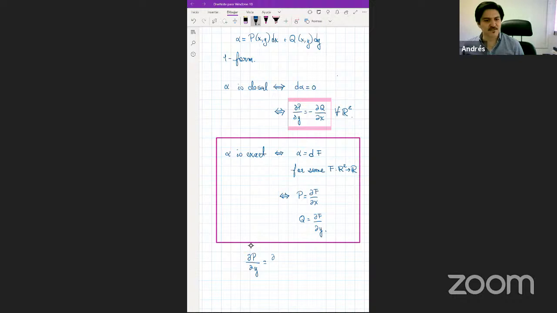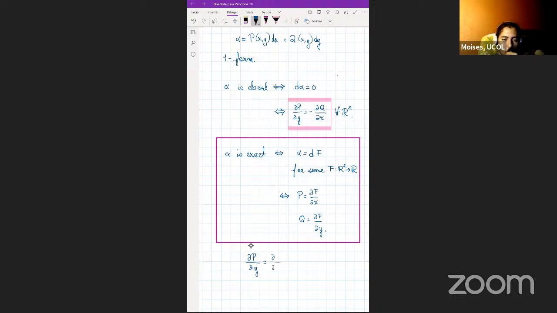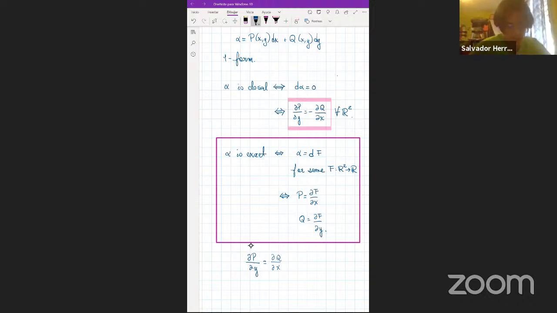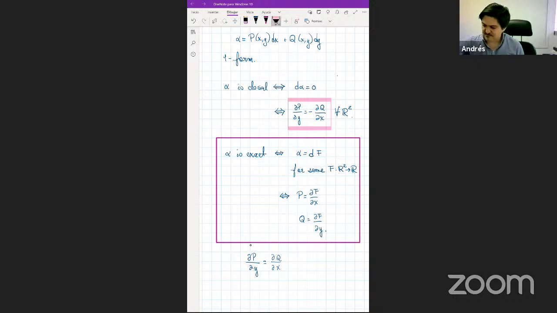I want the function Q. If f is nice enough, we can change the order of the partials, and get the partial with respect to x of Q. No minus, sorry. Which is very similar to that one.